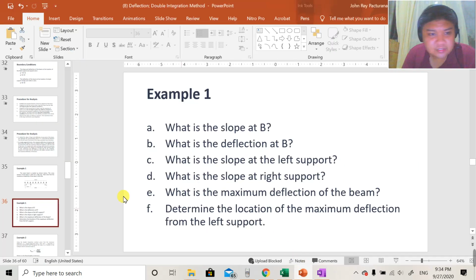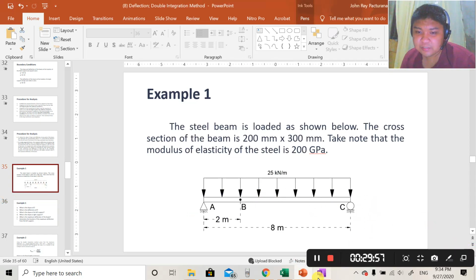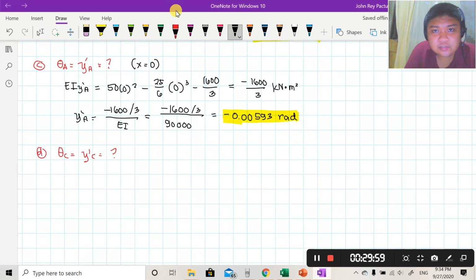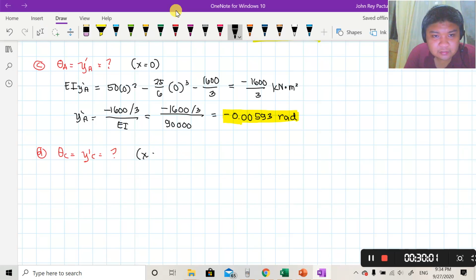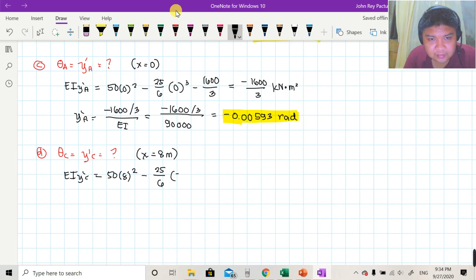So, base nga dito sa beam natin class, iseset natin siya as 8 meters, di ba? So, therefore, lagay natin na yung x natin ay 8 meters. So, substitute nyo yung EI, y prime at c. So, that is 50 times 8 squared minus 25 over 6 ng 8 cube minus 1,600 over 3.